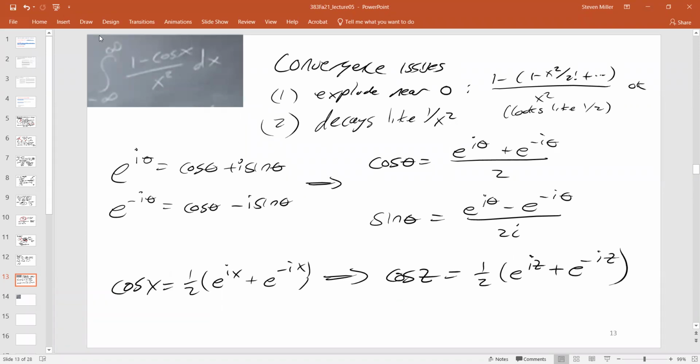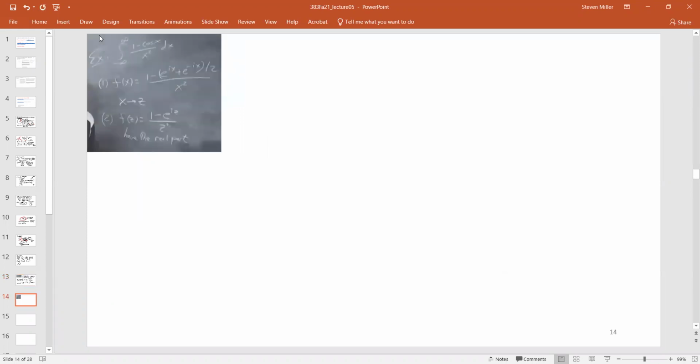So when I look at something like that, I'm in good shape. I now have a nice function of a complex variable. I can try to integrate that. Now, when I look at the function e to the iz and e to the minus iz, I have to decide, where do I want to integrate this over? And so these are the different ways of doing it.